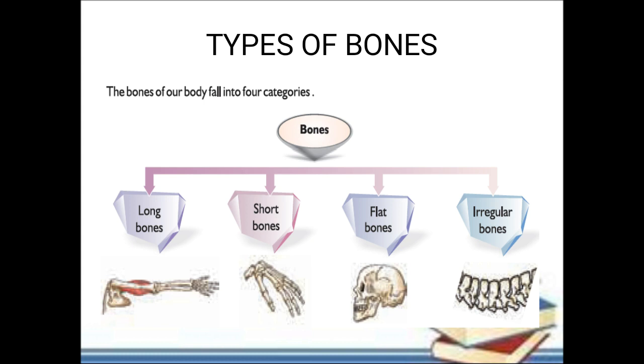And the flat bones are flat and protect the vital organs, and also provide the base for muscle attachment. And the irregular bones are all of different sizes and shapes. Examples are vertebrae. They are not all the same size and shape.